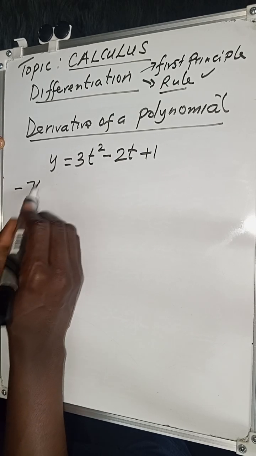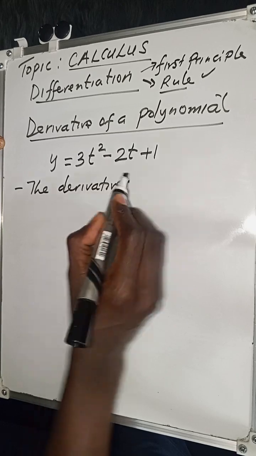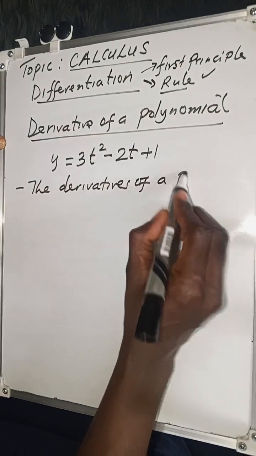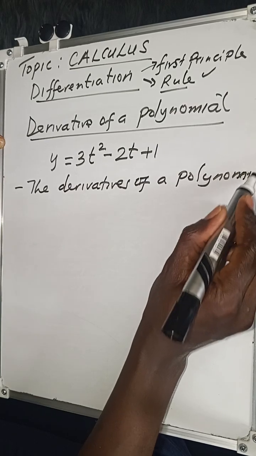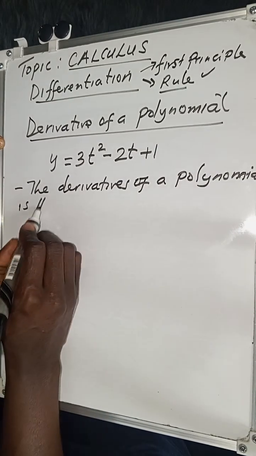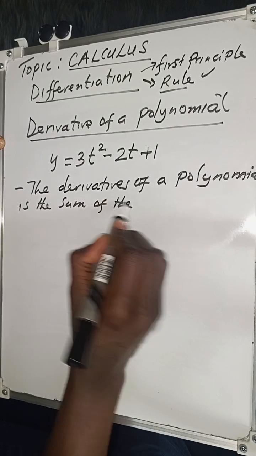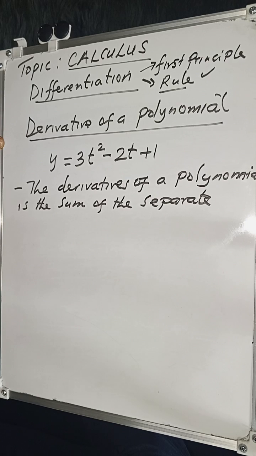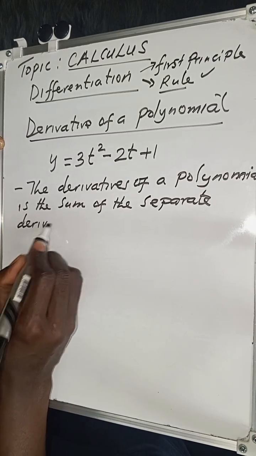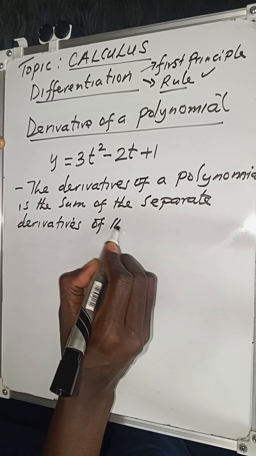So we can simply say that the derivative of a polynomial is the sum of the separate derivatives of the terms.